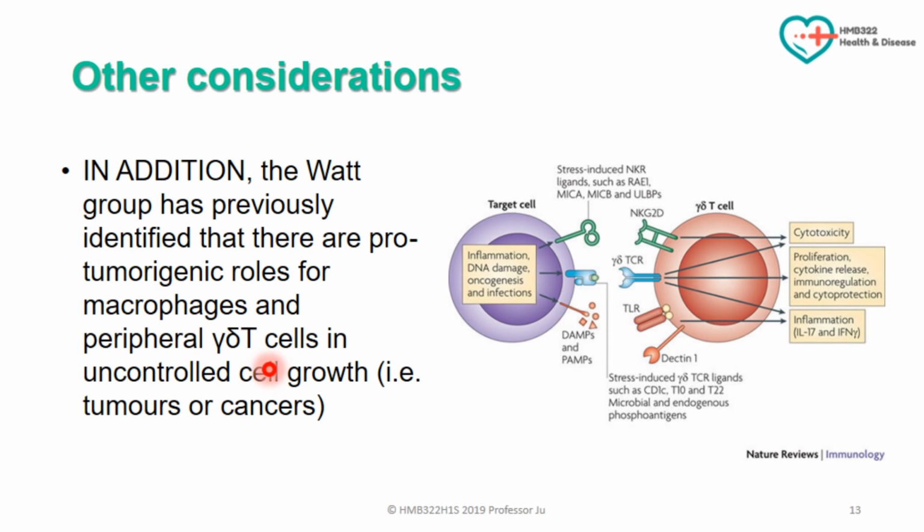And these gamma delta T cells that you are seeing here have some unique properties that are associated with them. And they're believed to be responsible for the uncontrolled cell growth. So if you have some kind of aberrant signaling of these gamma delta T cells, it could result in uncontrolled cell growth or the development of tumors or cancers, at least according to Fiona Watt's group.